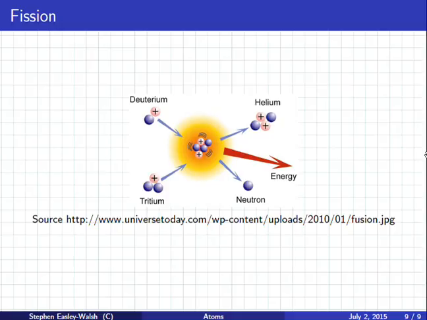So, fusion is the forced combining of atoms to make a new atom and energy. This word is important, forced, because you really have to push them together. It's not easy to do. So maybe you want to underline forced.